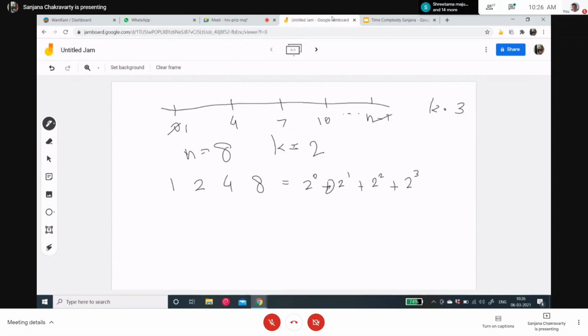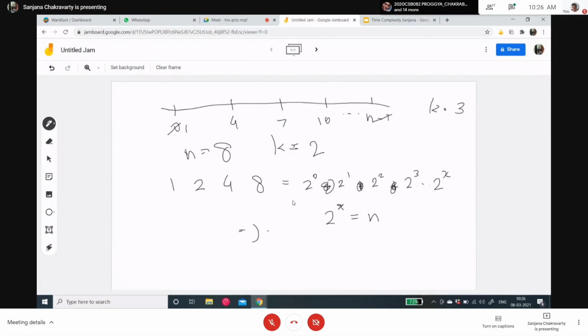Sorry, it's not plus, I forgot this is a single loop, which means it's actually 2 to the power x, where x relates to the total number of steps. The final step, let's make it 2 to the power x. When is this loop stopping? It's stopping when 2 to the power x is equal to n. That's when we stop executing the loop.